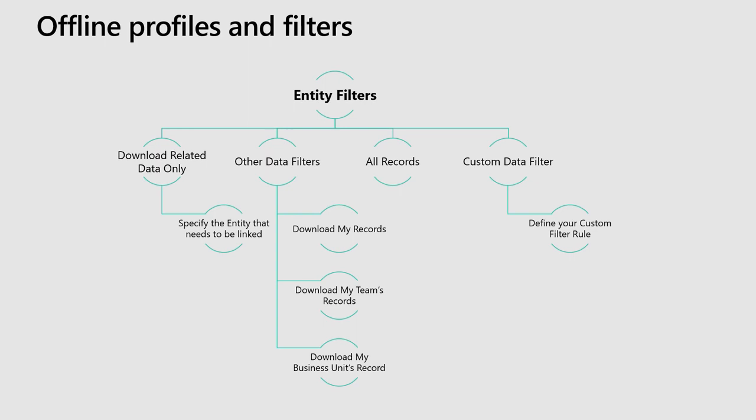You shouldn't be taking all the records all the time, but there is still an option for all the records. Or you can provide a custom filter based on your entities. You may have a custom entity with certain attributes, maybe a state or process stage based on your business, and you would like to filter the records based on that as well. So that is also supported while defining the filter.